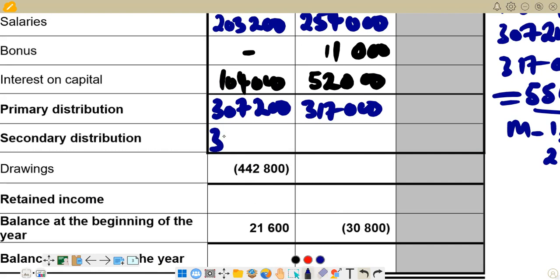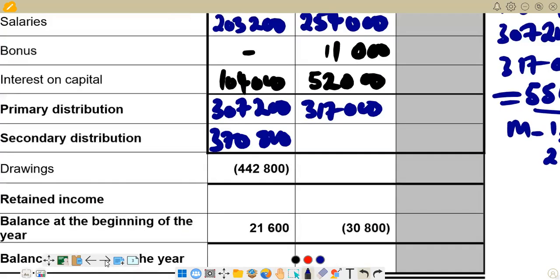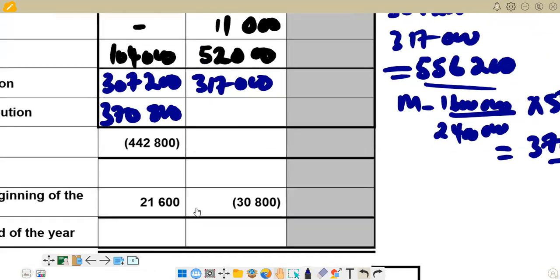Here we've got 370,800. So that's what we have here. Then we do the same for Ronnie. Remember, the capital for Ronnie is 800,000. So you say 800,000 over 2,400,000.